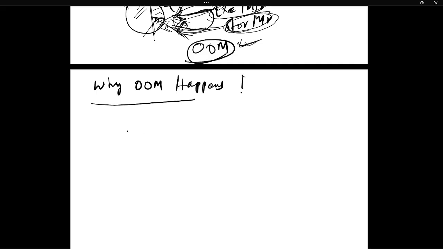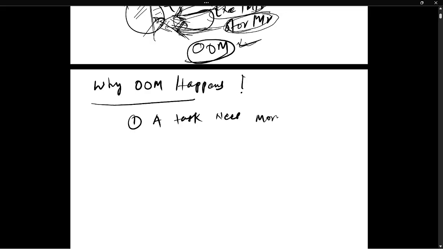So out of memory happens when, first scenario, a task needs more memory.